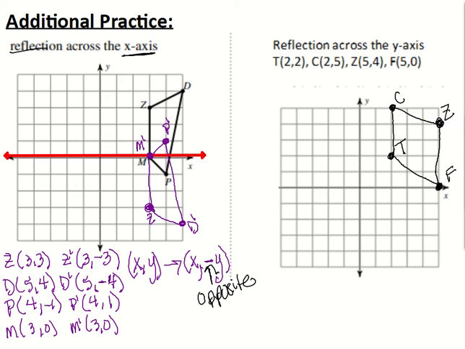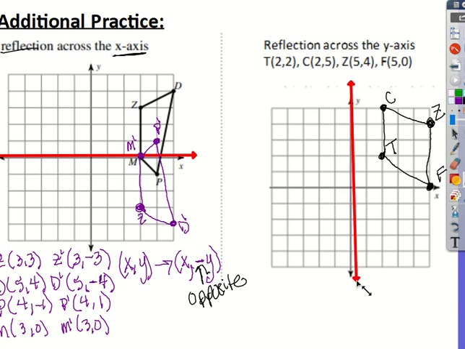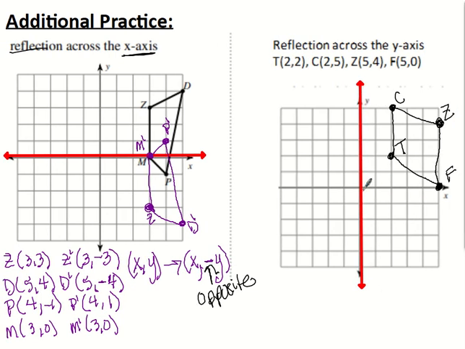Now we're going to go over the y-axis. So here's our line of reflection. Just like we did on that other example, we just see how far apart they are and we get them to the other side. So C is 2, so C prime's got to be 2. T is 2, so T prime's got to be 2, but on the other side, right?